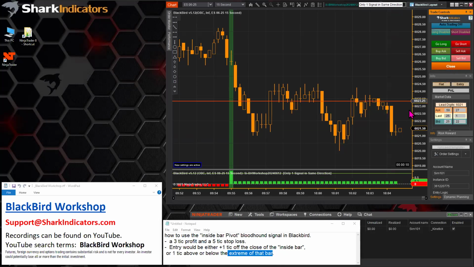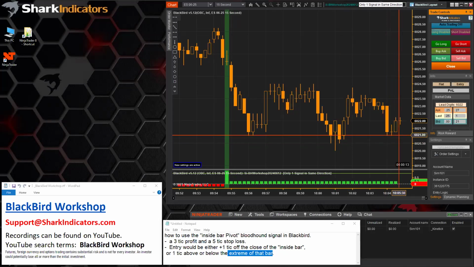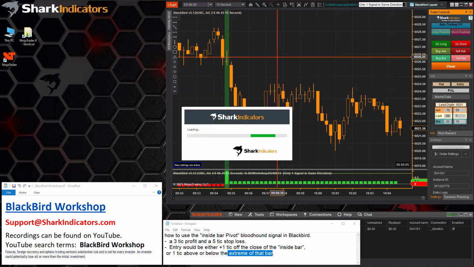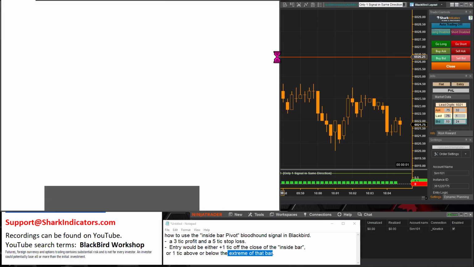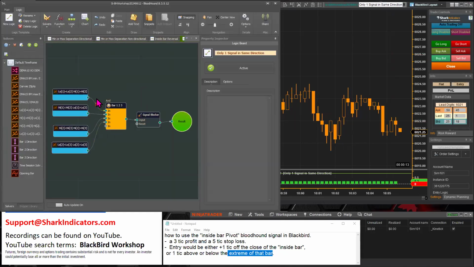And actually, we might get a signal here. Oh, no, we actually did not get a signal because that was a doji. Let's see here.